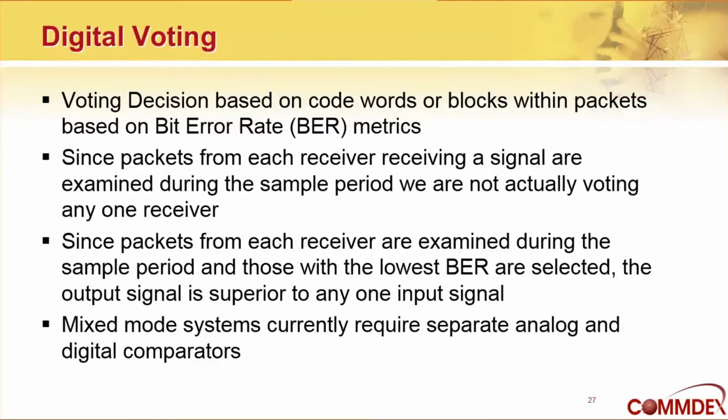And so what we're able to do in this is take the best packets from each receiver, and they're all synchronized, and then reconstruct a new string of packets that could actually be better than the packets received from any single receiver. So you're constantly picking and choosing the best packets, building a new bit stream, which is better than any of the inputs themselves. And that's the inherent advantage of digital voting over analog.